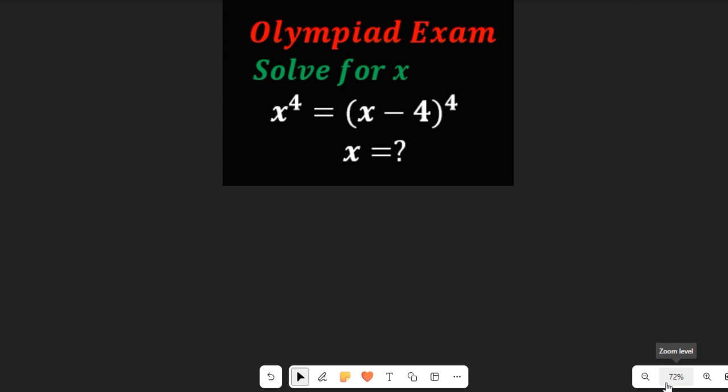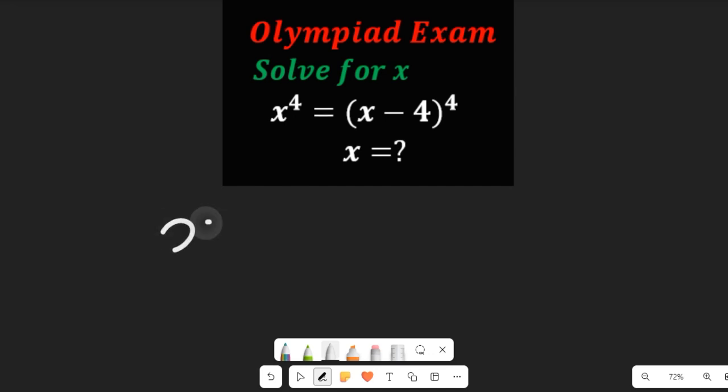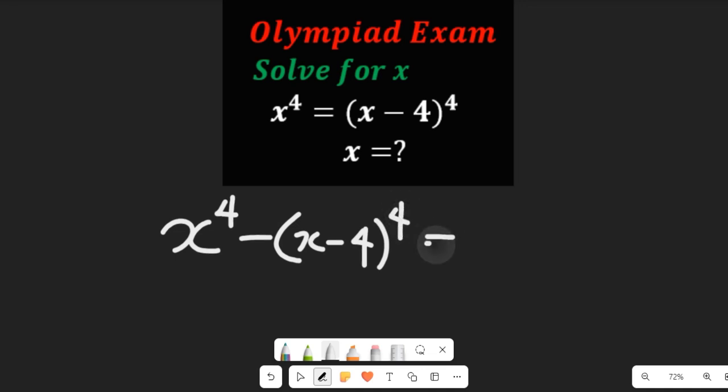So to solve this, we're going to take the right-hand side to the left-hand side, and we'll have this expression give us x to the power of 4 minus (x minus 4) all to the power of 4, and this will be equal to 0.